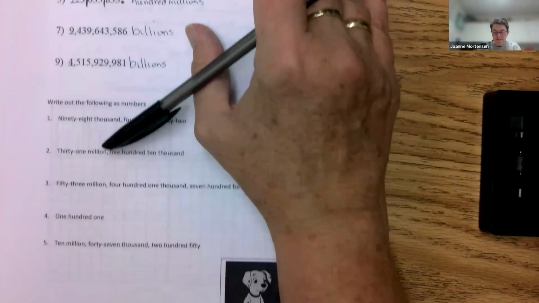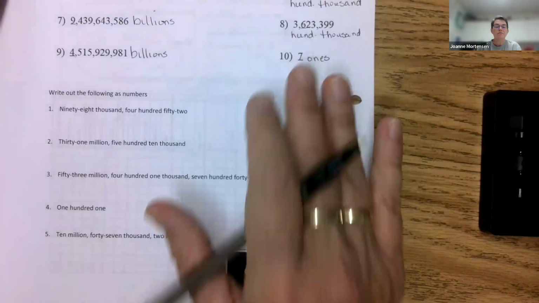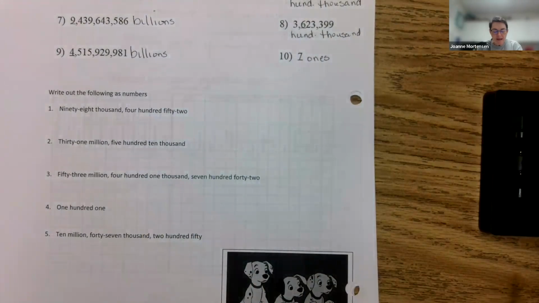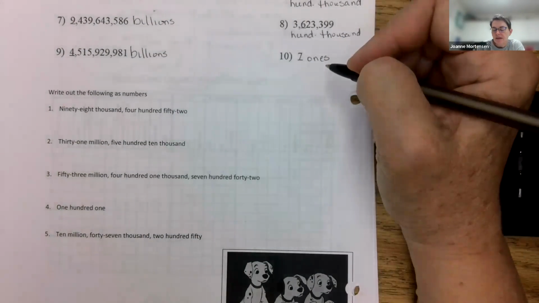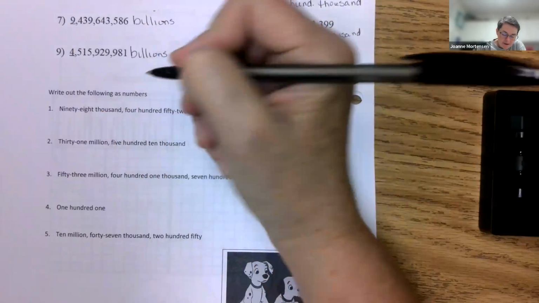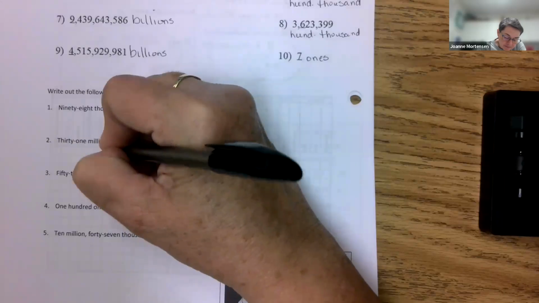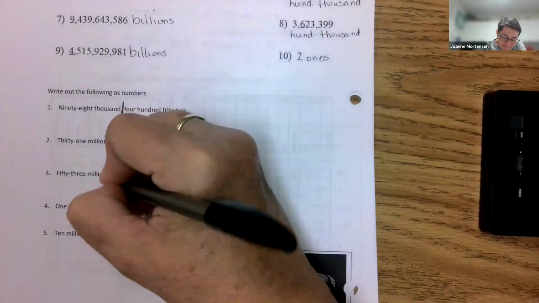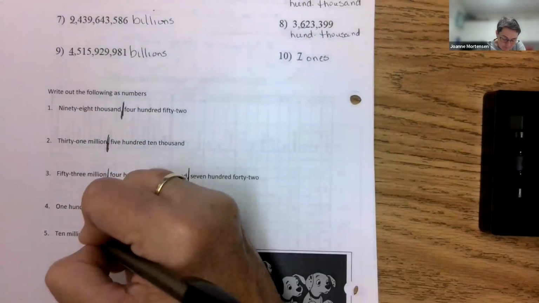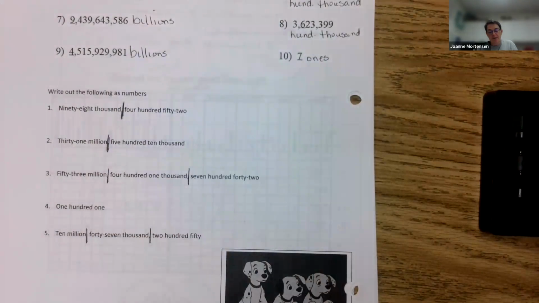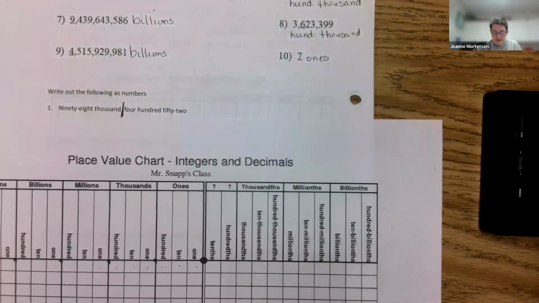All right. Then I threw in this part, which, I don't know, it's kind of place value, kind of not. And it's just taking these words and writing them out as numbers. One of the things as a class we figured out is wherever that comma is, those correspond to where a comma would be on here.